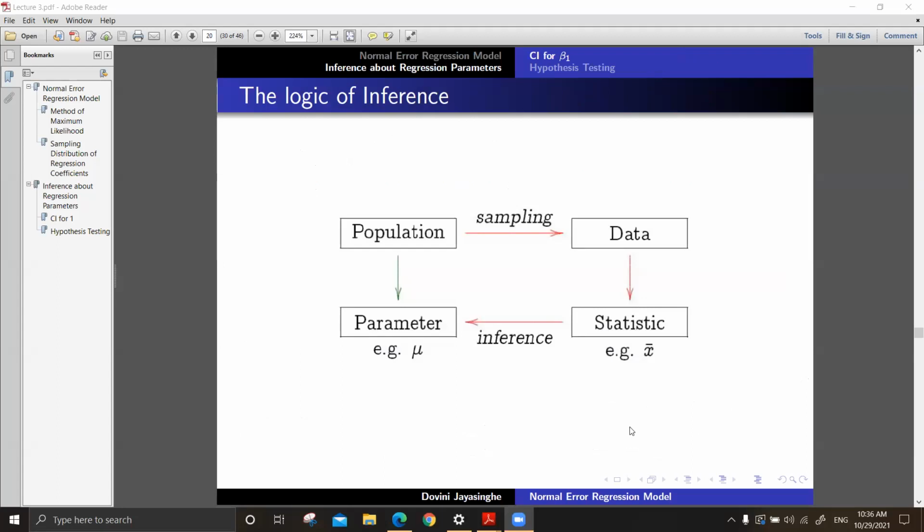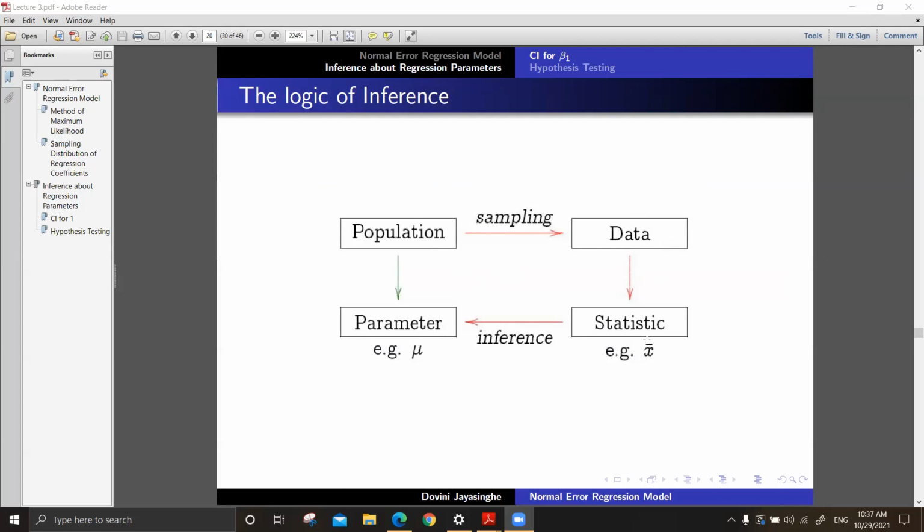Okay, logic of inference. This is given for you just to make you eye opened. You have a population, and the population has some parameter. Out of the population, we take a sample and we have data. This data doesn't have everything in the population but a sample, some proportion of this population.